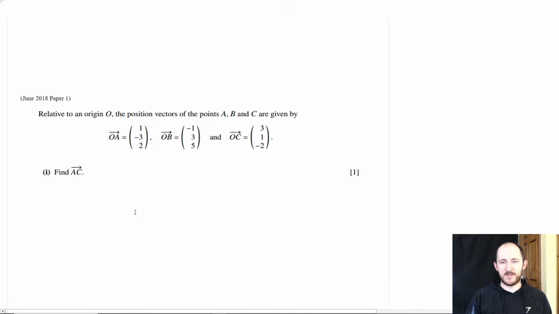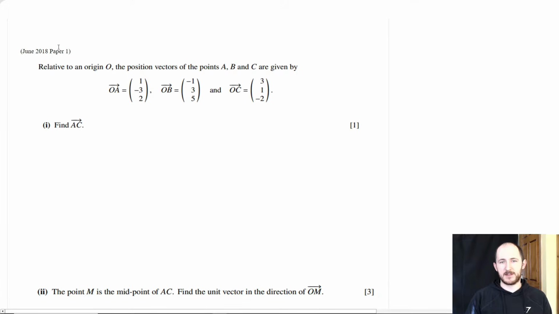So if we go down to the first question, we have 2018 paper 1. Relative to an origin O, the position vectors of A, B and C are given by these three vectors, and they are position vectors because they have O in them. If you have O, it's always a position vector. If there are two letters next to each other that aren't O, like AB or AC or BC, these are displacement vectors.